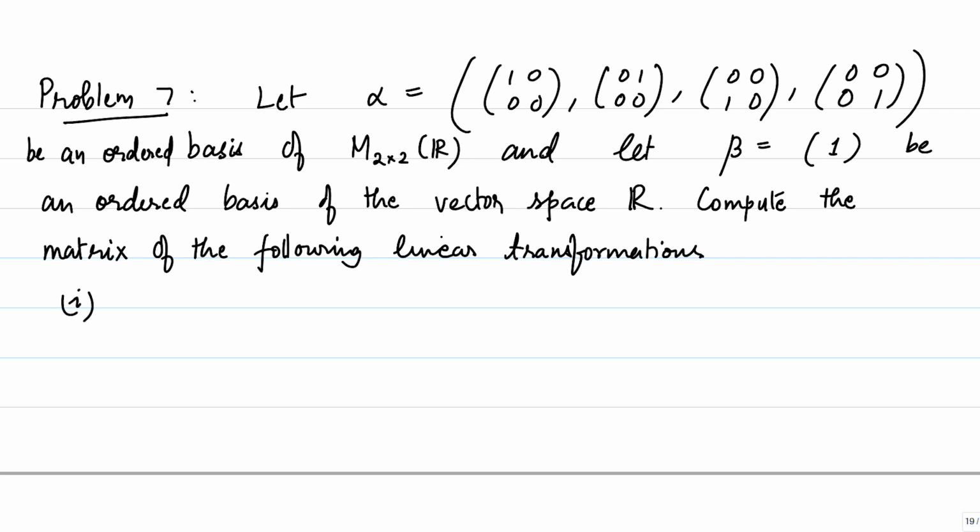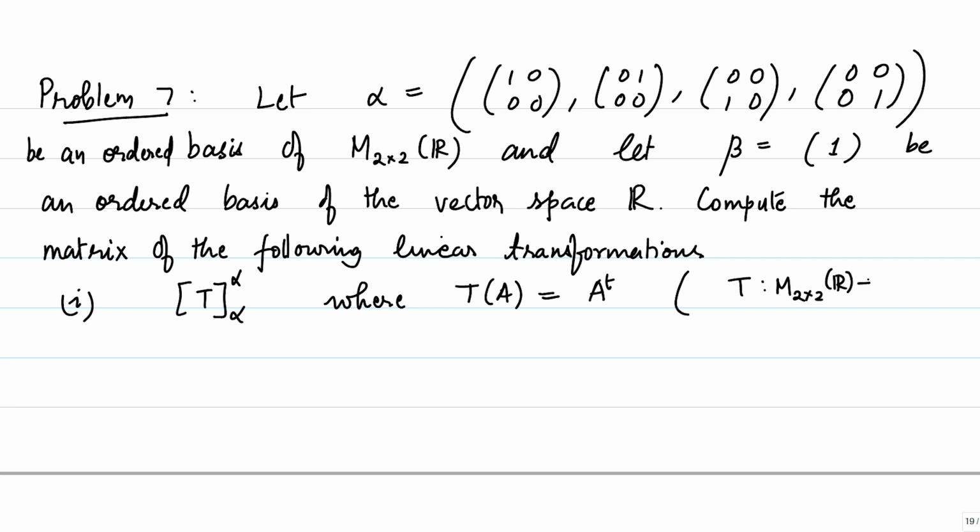The first one is T of A, and we have to compute the matrix of T with respect to alpha, where T of A is the transpose of this matrix. Notice that T is a map from M2 cross 2 of R to M2 cross 2 of R.